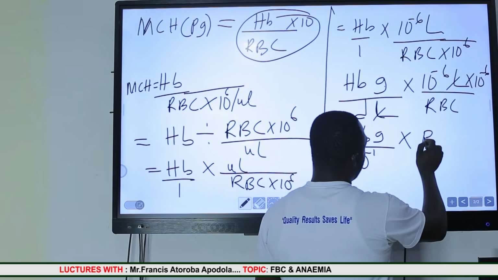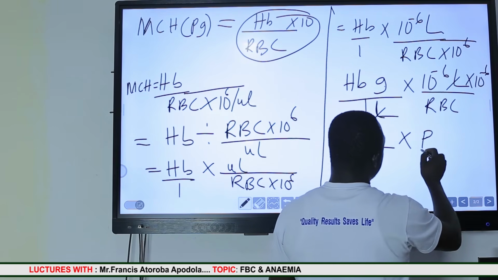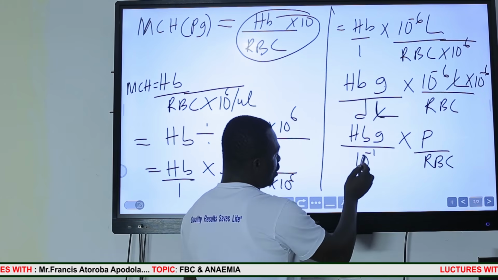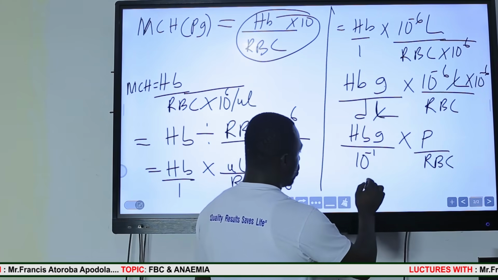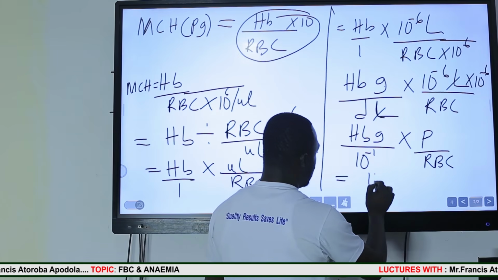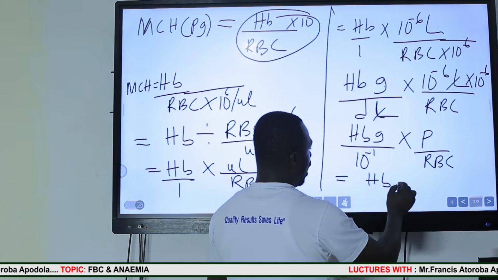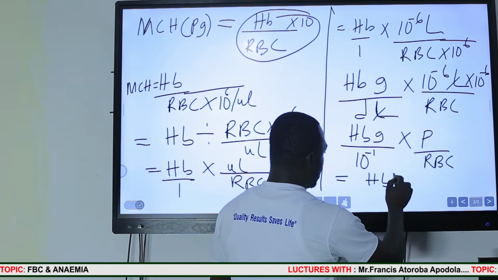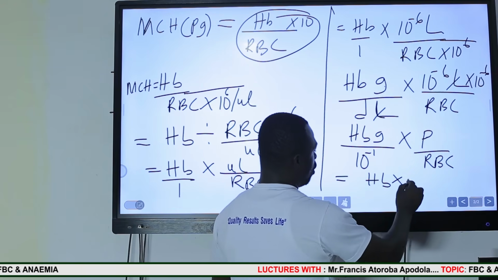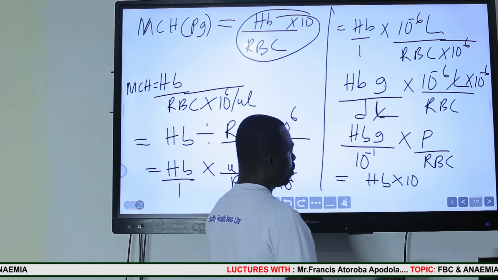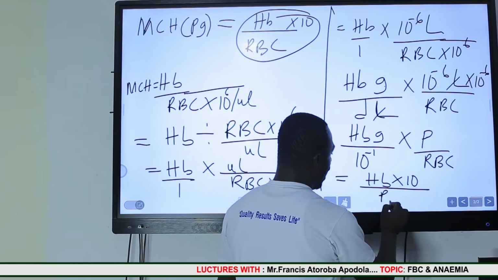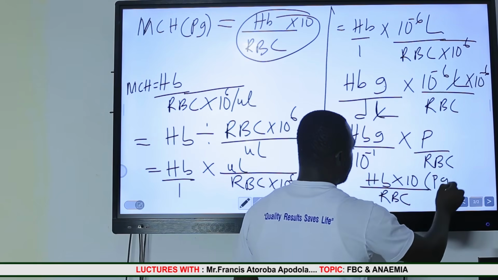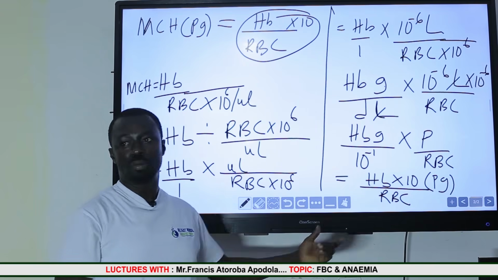So what I will now have here is pico divided by RBC. This 10 to the power minus 1 could go up. So I will now have the HB value, pico and grams, in terms of picograms. But let me send the 10 to the power minus 1 up. That will give me 10 to the power 1, all divided by your RBC value. There is pico here, there is gram here. So the final units become picogram. So that becomes the formula.